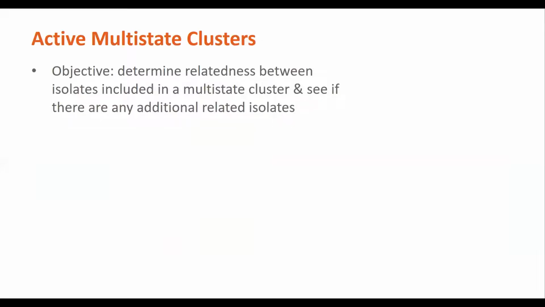So usually our main focus when we're looking at NCBI is during active multi-state cluster investigations, and our objective is typically to determine relatedness between isolates that are included in a multi-state cluster, and potentially to see if there's additional isolates that are related to our cluster that haven't been included in our cluster code. And this is typically just if we would like to get more of a real-time analysis compared to waiting for PulseNet to add sequences.